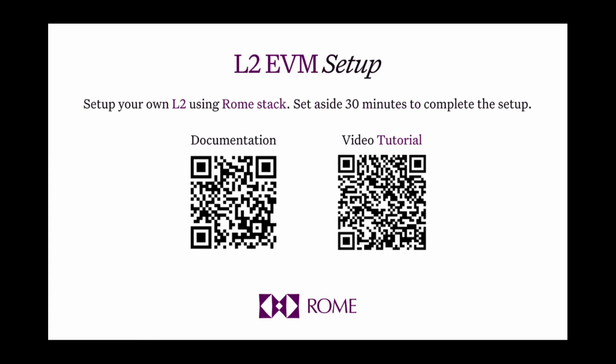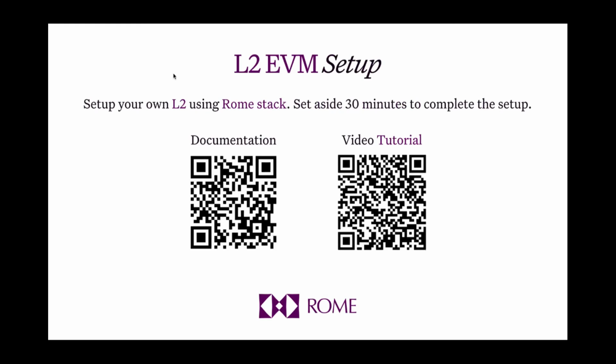Secondly is the L2 setup. Setting up a layer 2 nowadays is very difficult for any user out there. We are making their life easier. You can set up a layer 2 on top of Rome in just 15 minutes. Just go to our dApp page. The slug is rome.builders/rome.